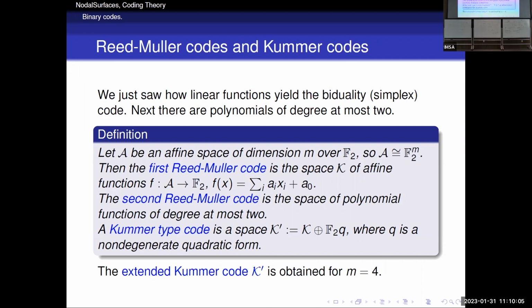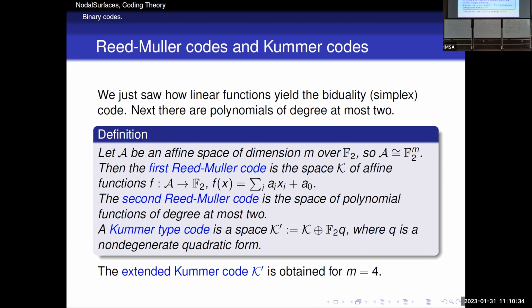If A is an affine space of dimension n over the field with 2 elements, so A is non-canonically identified with F_2^n, the first Reed-Muller code is the space of affine functions, so a constant plus a linear function. The second Reed-Muller code is the space of polynomial functions of degree at most 2.